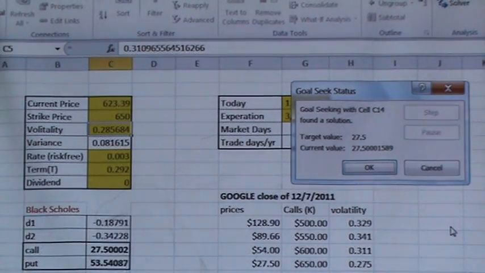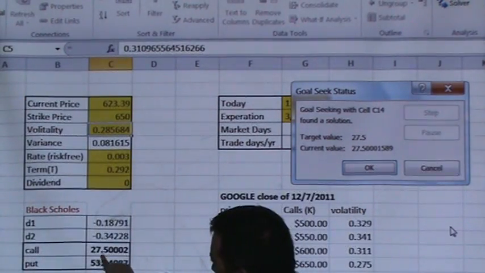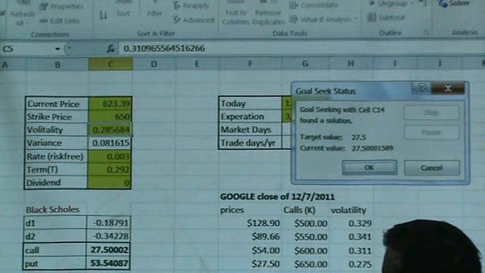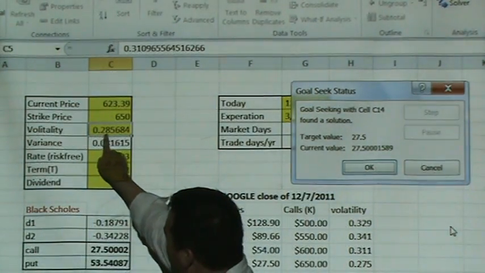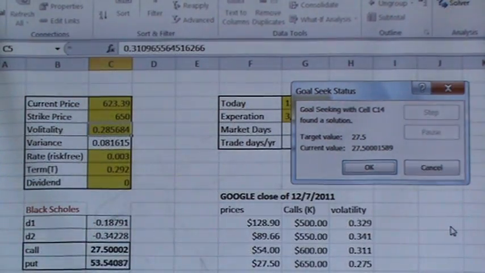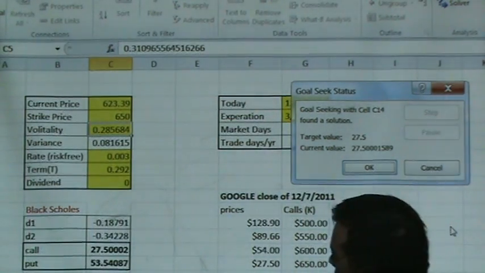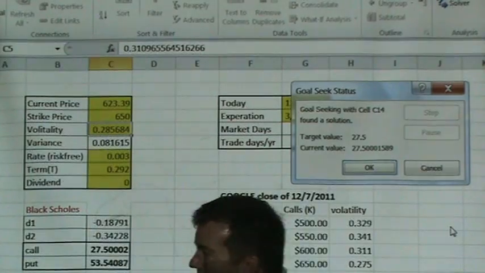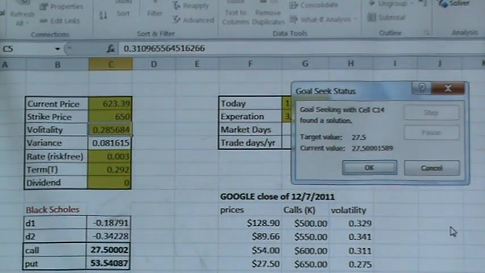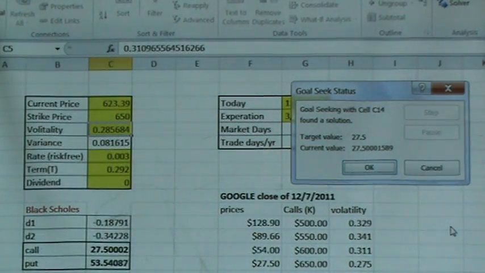Okay, so what this is saying is, based on the data from the markets, in order to get this to be 2750, the volatility had to be 0.2856. So the real world market, assuming the Black-Scholes model is legitimate and being followed, thinks that for Google, between now and March, a good estimate for its volatility would be 28%.